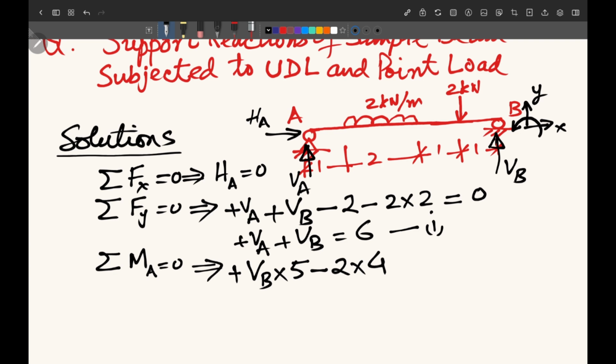Then we take the moment of this 2 kilonewton per meter UDL. Because this UDL is for a length of 2 meters, the total UDL is 2 into 2. This is the load.